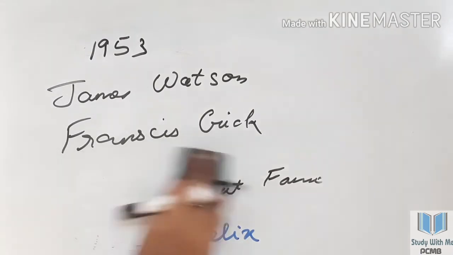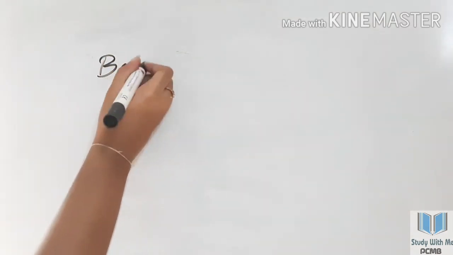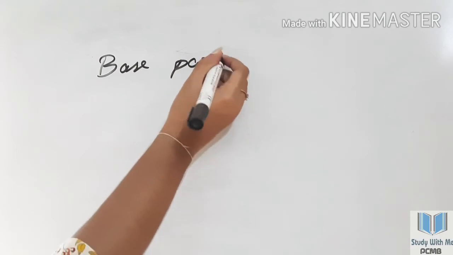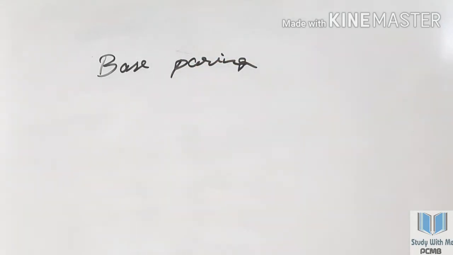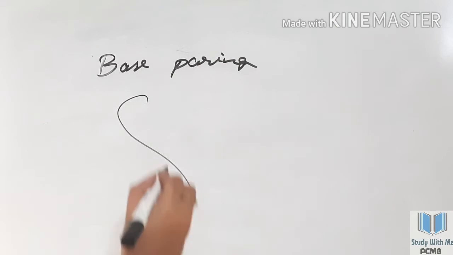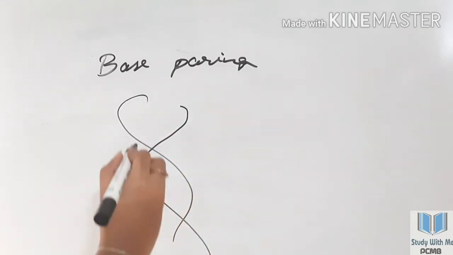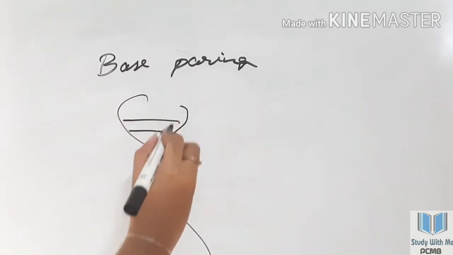We have learned about polynucleotide, dinucleotide, all these things and how they are formed. So the hallmark of this double helix structure was the base pairing. You know what base pairing is? That means this way. And you may have a doubt about what the strand is. This is the structure. We can draw the structure like this. This is base pairing.